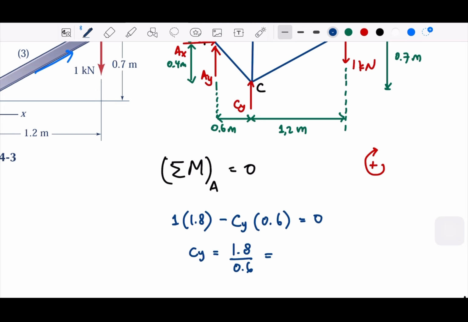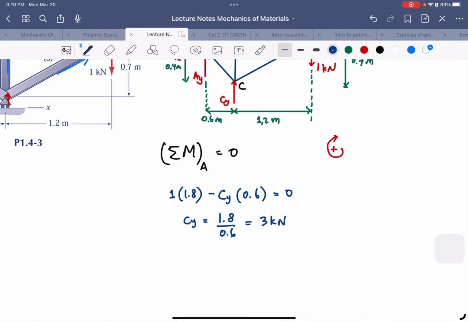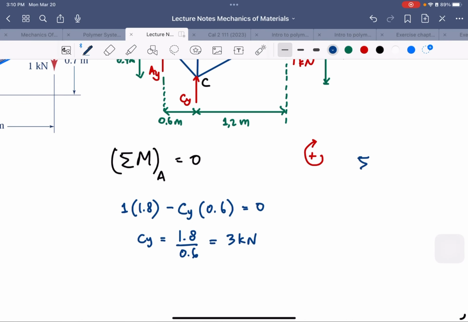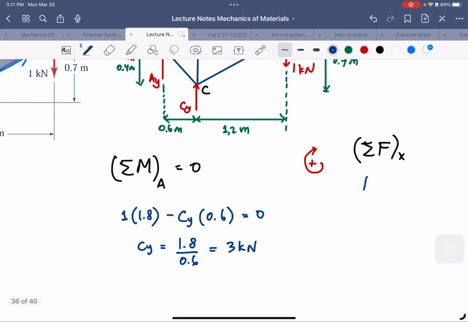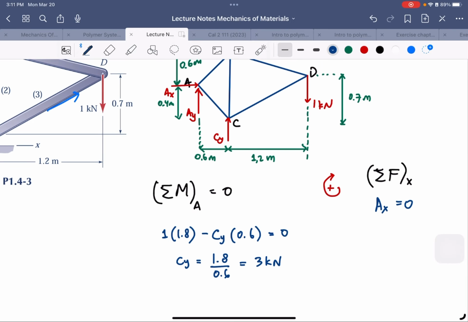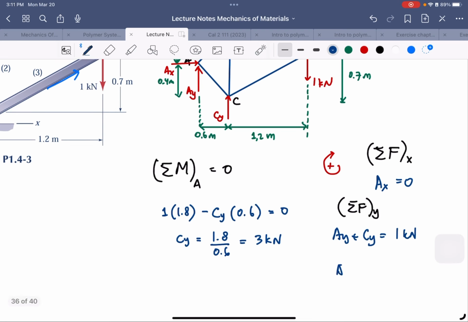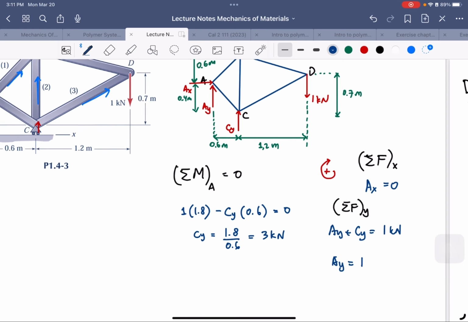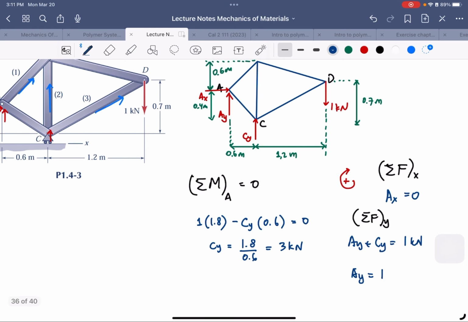Okay, did I make a mistake here? Then we take the x-direction, and we find that only Ax exists and it's equal to 0. And then the y-axis: Ay plus Cy equals 1 kilonewton. So Ay is 1. Wait, I think I made something wrong here.